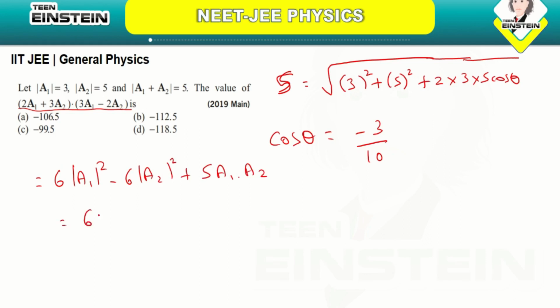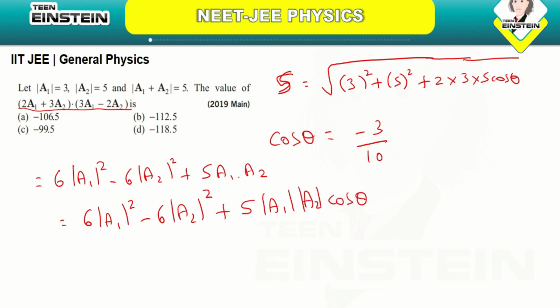Okay. So this is 6 a1 square minus 6 a2 square plus 5 times modulus a1 into modulus a2 into cos theta, because a1 dot a2 is modulus of a1 into modulus of a2 into cos theta, that is what you are getting.